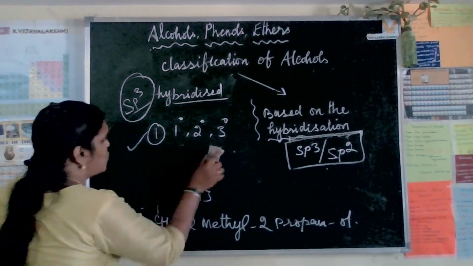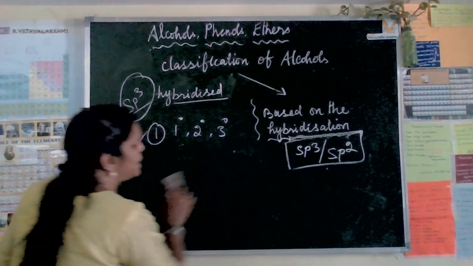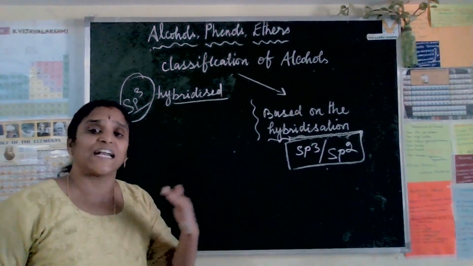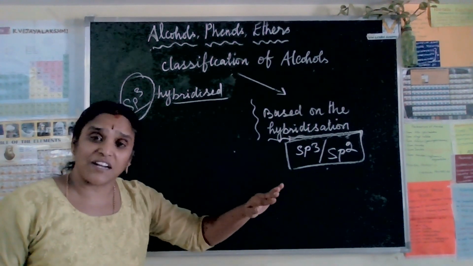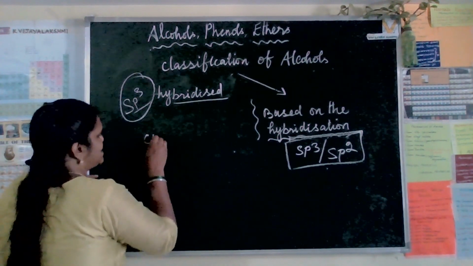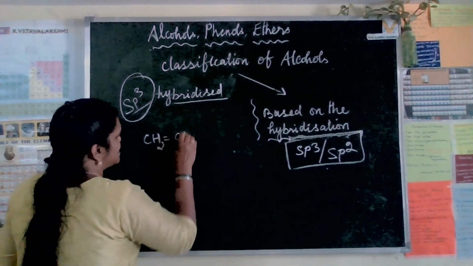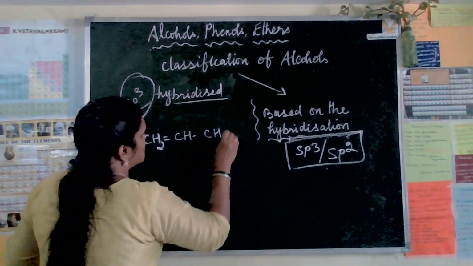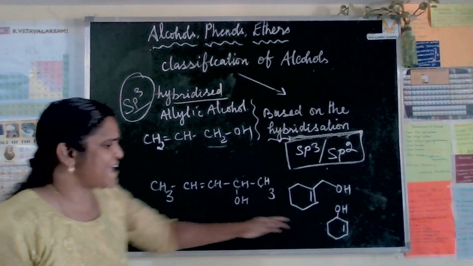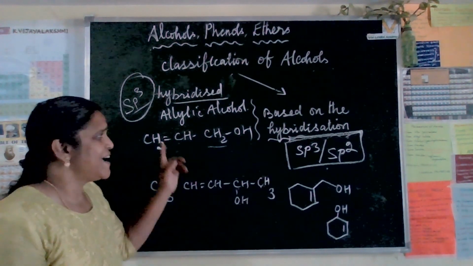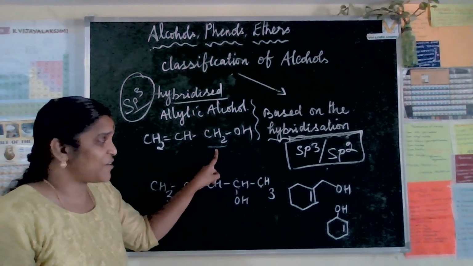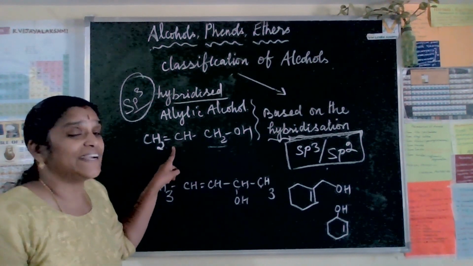Now the second one, allylic, and the third one, benzylic. So what is allylic? The OH group is attached to a saturated carbon that is adjacent to a double bond. Let us go for it: CH2=CH-CH2OH. I brought many examples here for you to understand that the OH group is attached to a saturated hydrocarbon that is connected with the double bond.